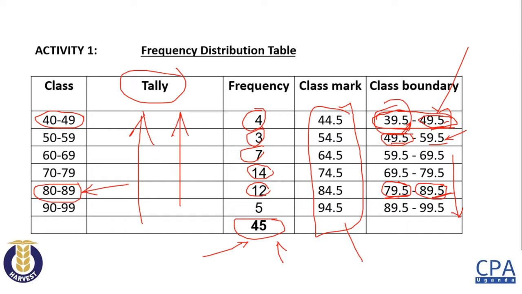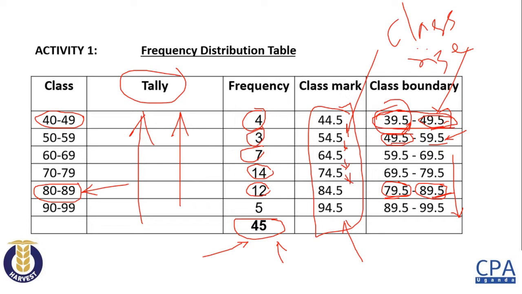We have also mentioned that the gap between two consecutive class marks, for example 44.5 and 54.5, is equivalent to the class size. So by getting the first two class marks, you simply get the difference and continue to add it to the subsequent class marks. There you'll be in position to complete your column for class marks.